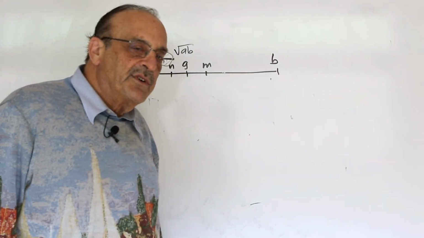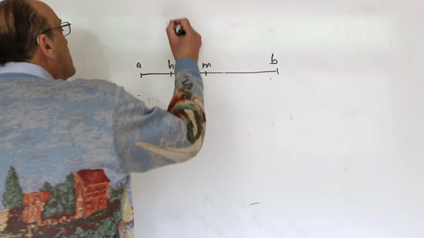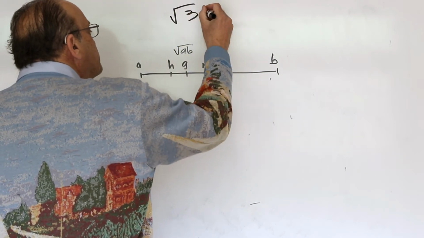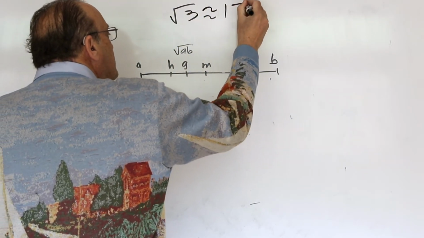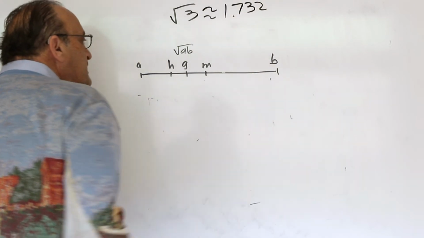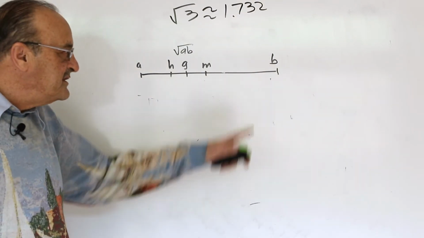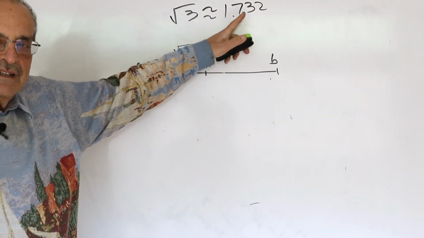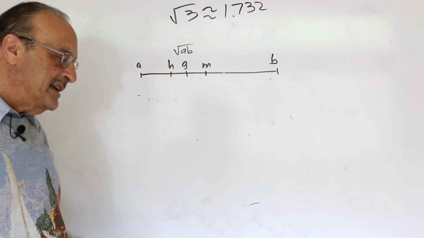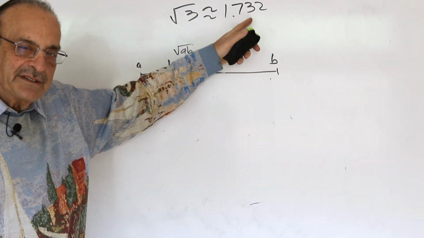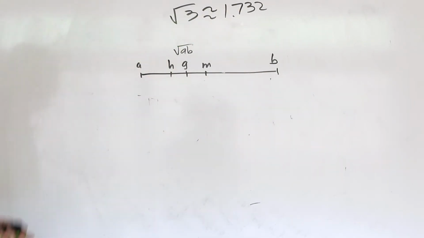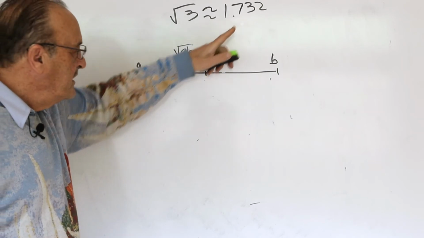So let's quickly do one more. Let's do the square root of 3. Now I know it's approximately 1.732. I memorized that because that was the year George Washington was born, and I'm American, so if you're not American, it may not help as much, but this is how I memorized the square root of 3.